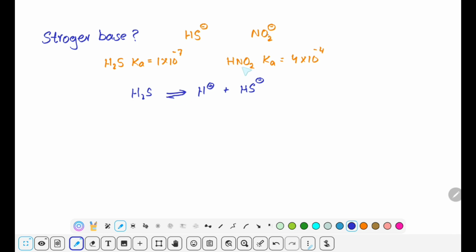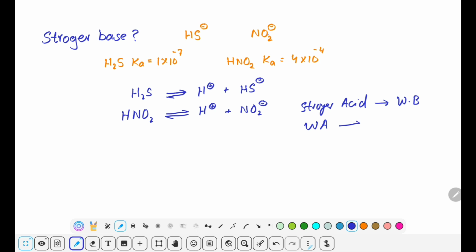The next is HNO2, nitrous acid, which ionizes to give a hydrogen ion and the conjugate base nitrite, and this is the backward reaction. Now, for such a question, remember that a stronger acid will produce a weak conjugate base, and vice versa. If it is a weak acid, it will produce a strong conjugate base.